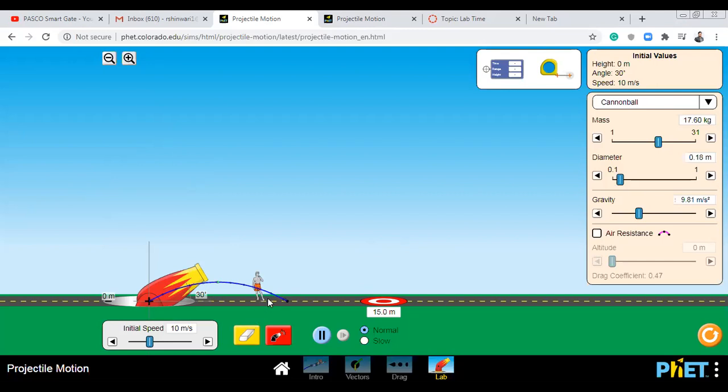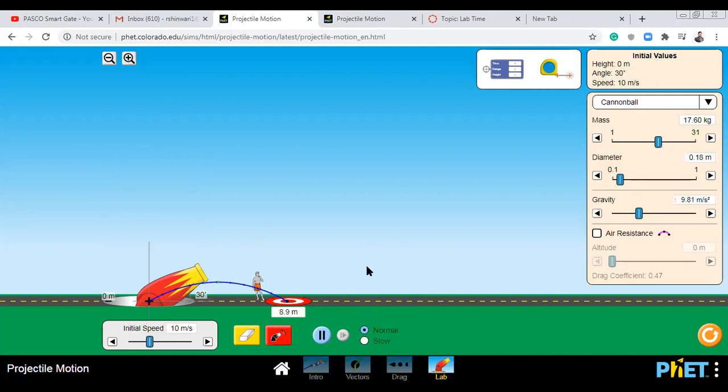Now you can see the range. So what is the range? You can see 8.9. What was our result? Anyone remember what was our result? 8.16.